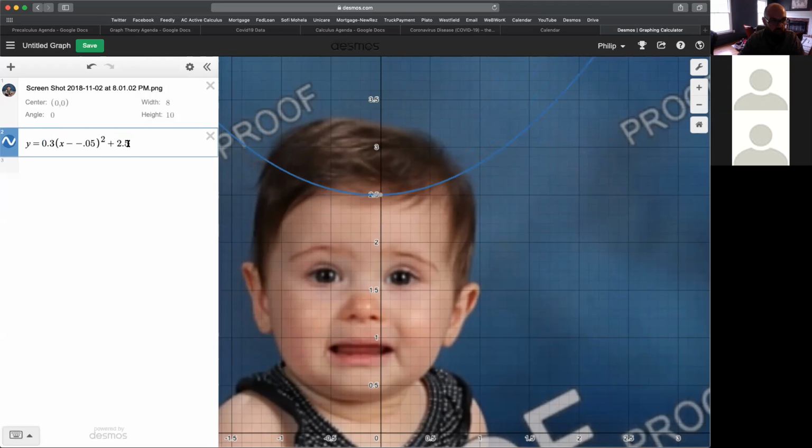Okay, get rid of my slider. So this is now my equation. I could make this a plus as well. And then all I have to do is cut off where I would want it to stop. It seems like maybe 0.63 is my x coordinate here, and negative 0.58 is over here.